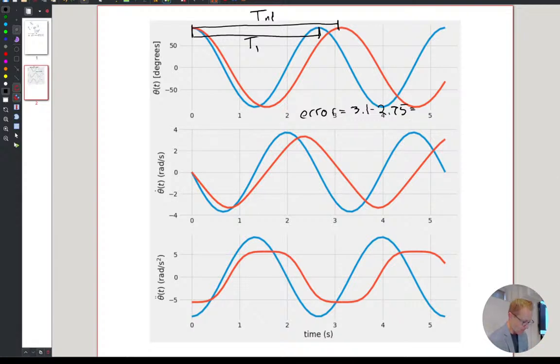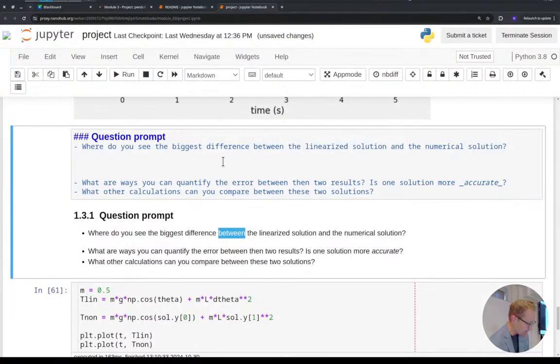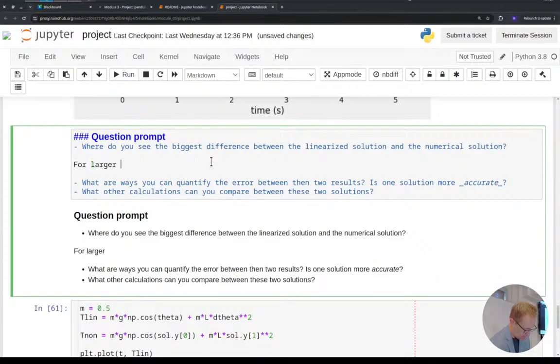So if I'm trying to write a response of where did I see the biggest difference, and I want to talk about how the size of the initial angle is changing the difference: for larger initial, if I could spell, theta values, the time period increases.